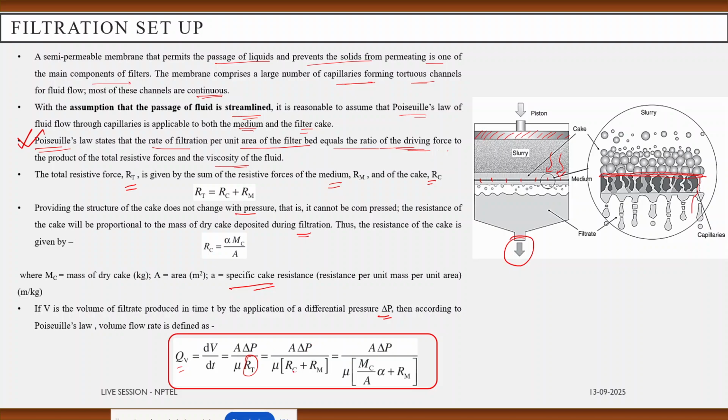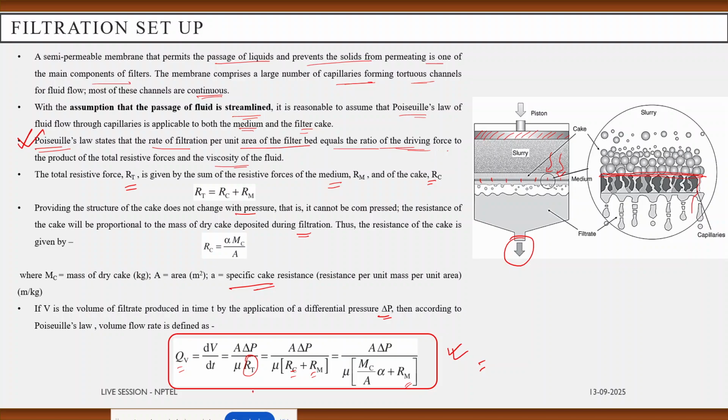RT can be written as Rc plus Rm, and Rc can be substituted by mc alpha by A, plus Rm. This is an important equation in filtration, and it is applied everywhere we deal with filtration.